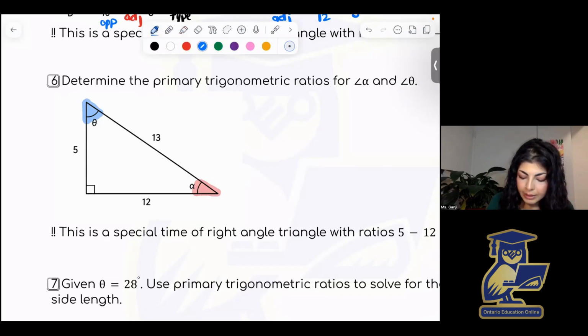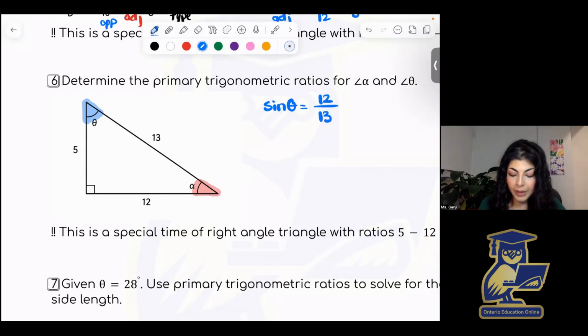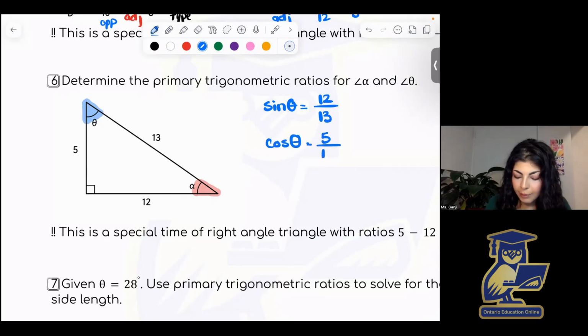So here, sine of theta is going to be the opposite over hypotenuse, 12 over 13. The cosine is going to be the adjacent over the hypotenuse, 5 over 13. And the tangent, TOA, is going to be opposite over adjacent, so 12 over 5.